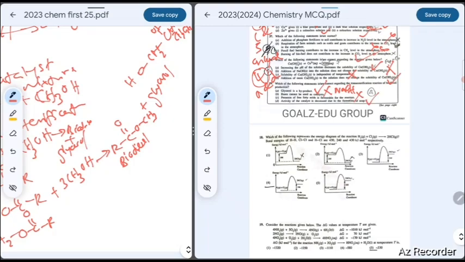Because if there are free fatty acids, they will react with this sodium hydroxide and form the soap. Therefore, the sodium hydroxide concentration will be lower and the effect of the catalyst will be lower. Therefore, the activity of the catalyst is decreased due to the formation of soap. That is correct. So, the answer is 4 here, which means A and D are correct.